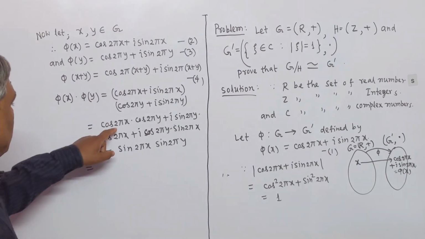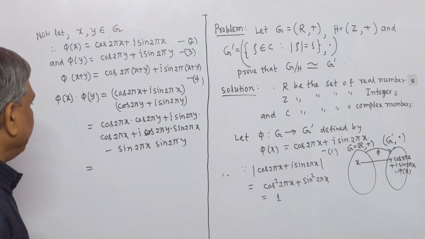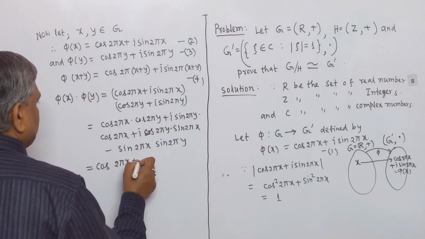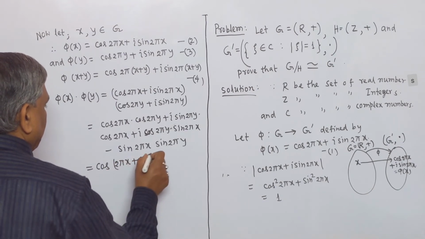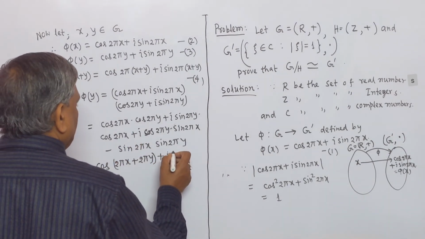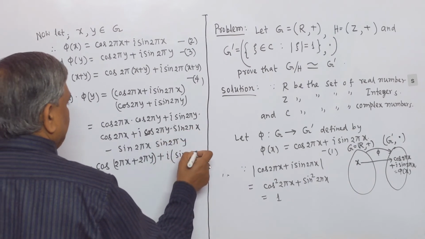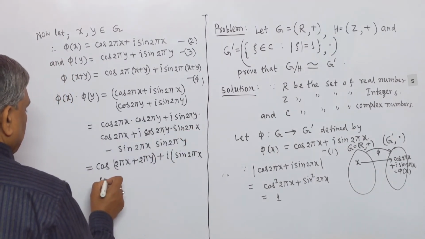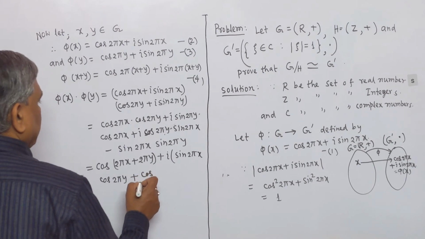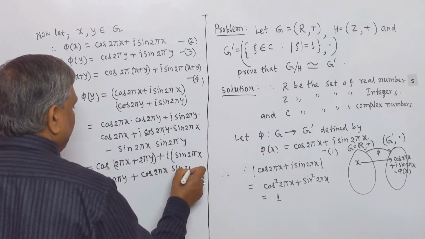This is equal to cos 2 pi x multiply cos 2 pi y minus sin 2 pi x sin 2 pi y, this is cos of 2 pi x plus 2 pi y, plus, we take common here, I times sin 2 pi x cos 2 pi y plus cos 2 pi x sin 2 pi y.